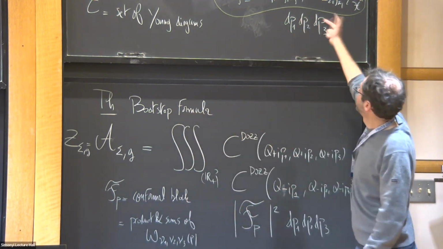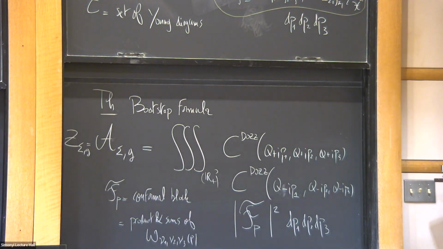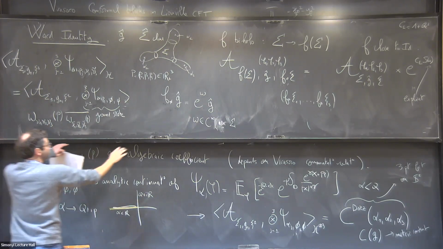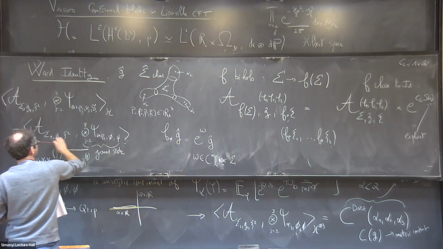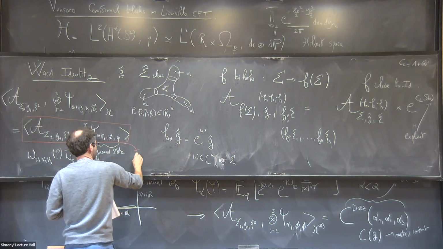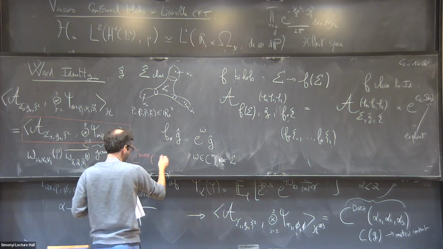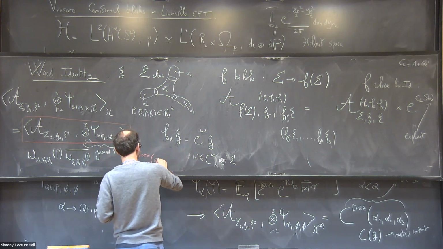You just have to recombine if you want this integral by using this formula, taking into account that here this guy is nothing more than the DOZZ, which means the 3-point function on the sphere with the canonical metric or with a certain particular metric.